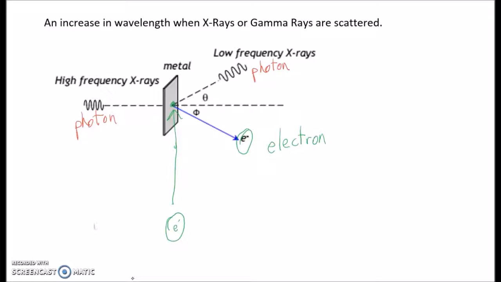When the photon comes in, it hits the electron and sort of ricochets off. Let's say the electron is like this, it ricochets off, and yet the electron bounces off.